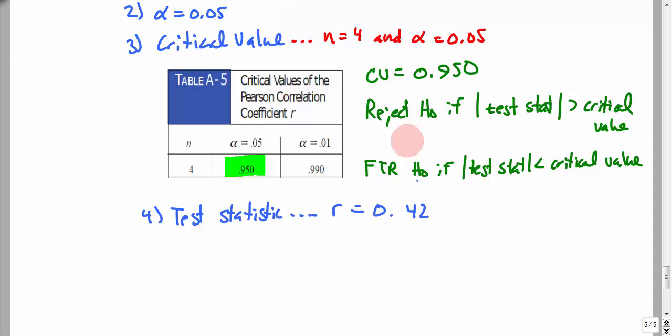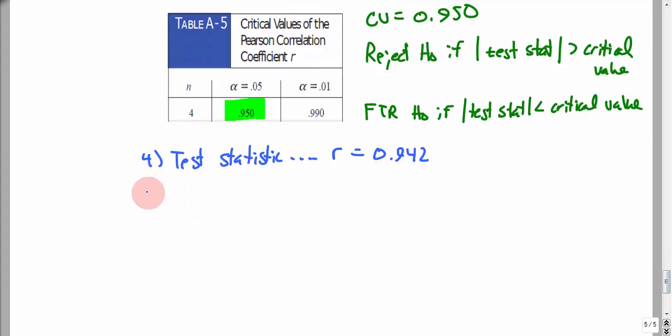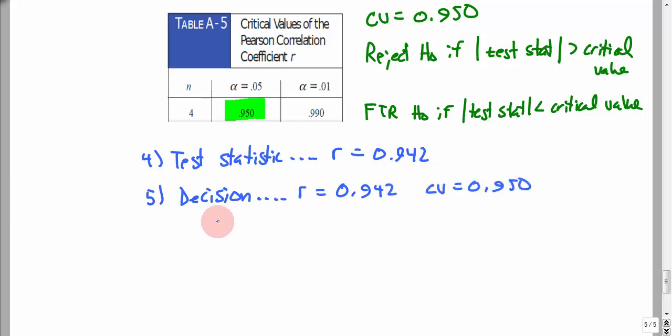Now if you had to go through and calculate it, we know how to do that as well from the couple problems up above where we found R. Next we'll make a decision. And we know R is 0.942. We know our critical value is 0.950. So the absolute value of R is going to be less than 0.950. Because of that, we will fail to reject H0.